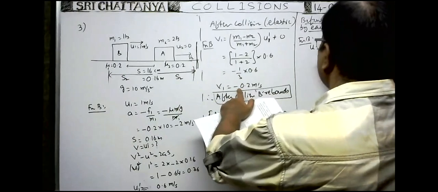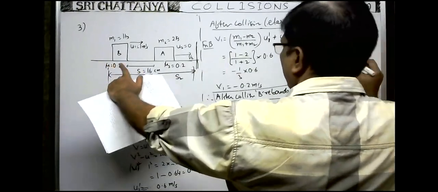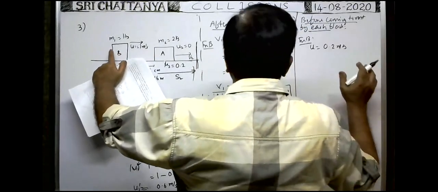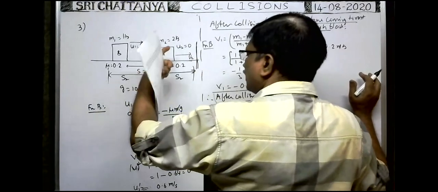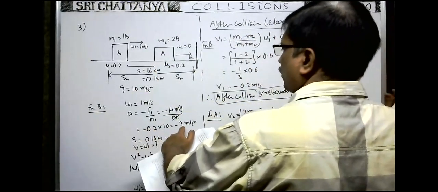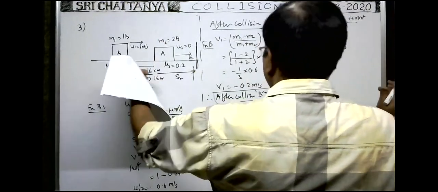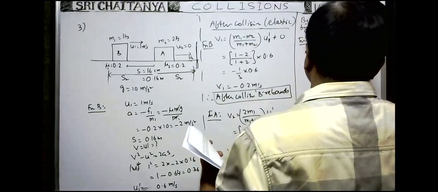That's why the initial velocity is 0.2 meter per second towards left. After collision, friction acts in this direction. Due to that friction, retardation acts. That retardation is equal to minus 2 meter per second square, because it is the same block with the same friction. That's why acceleration a is equal to minus 2 meter per second square.